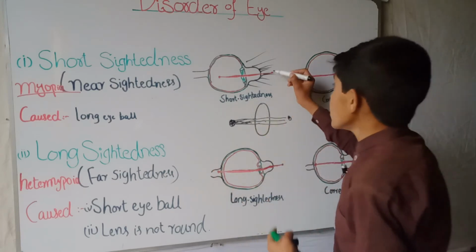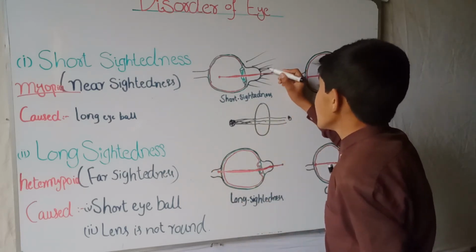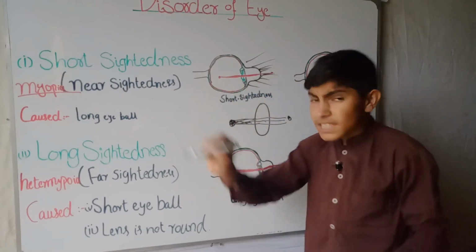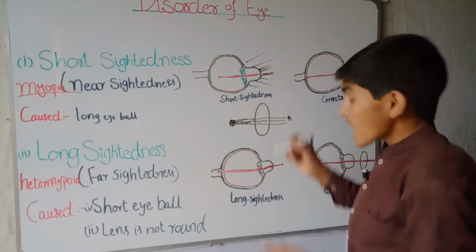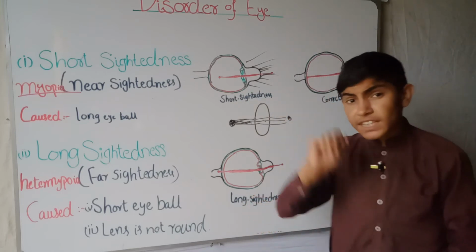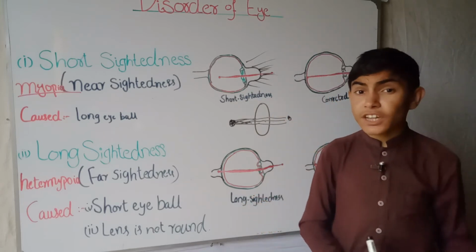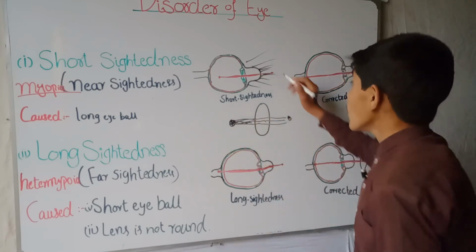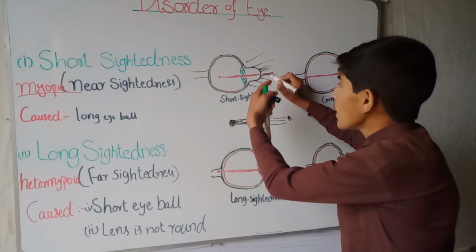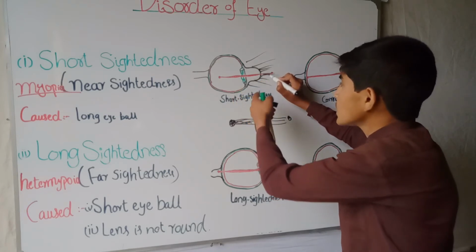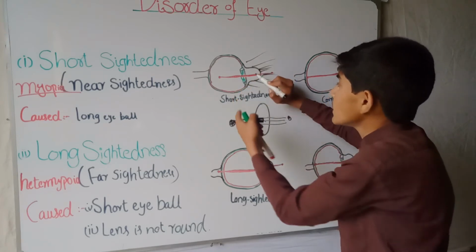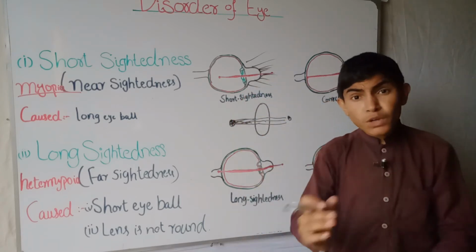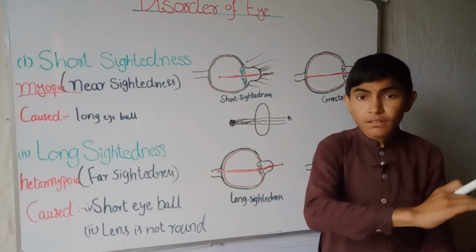So when the eyeball converges this light ray, it then passes through the convex lens, and we say that a convex lens is the lens which makes the light ray converge after passing through it. So when the eyeball makes this light ray converge, and it passes through the convex lens, it converges further.